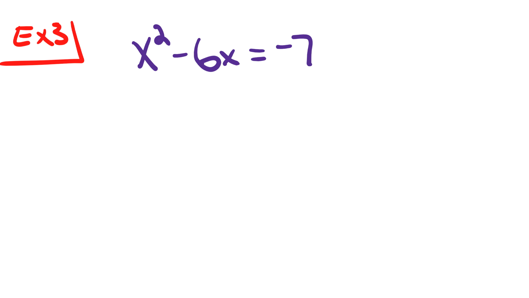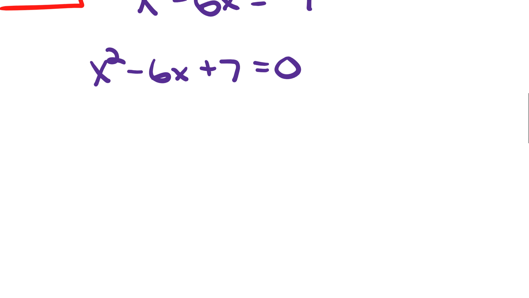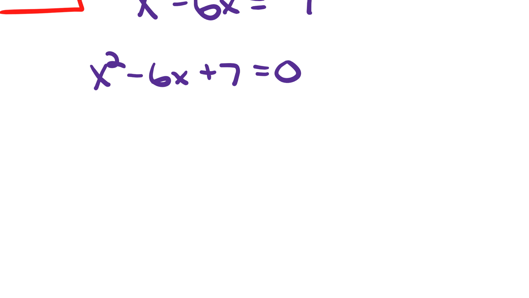Here lies example 3. Our first step here is to get the equation in standard form, so I'm going to add 7 to both sides. When I do, I get x squared minus 6x plus 7 equals 0. Now I want to list my values for a, b, and c, and this time I'm going to go down this way.